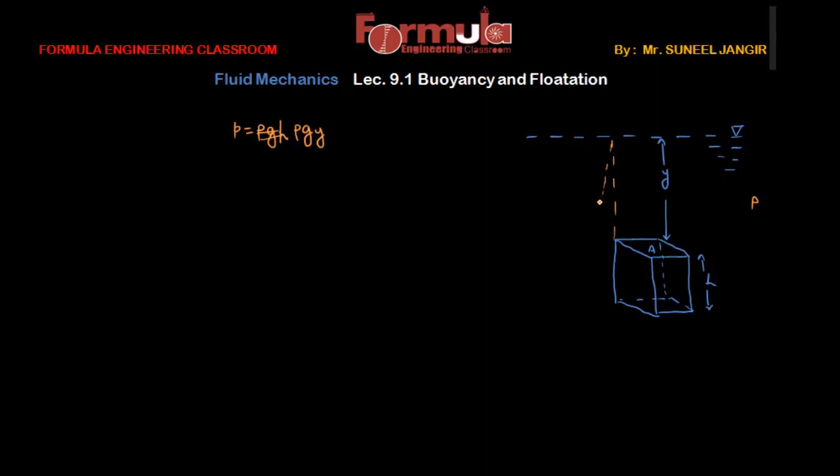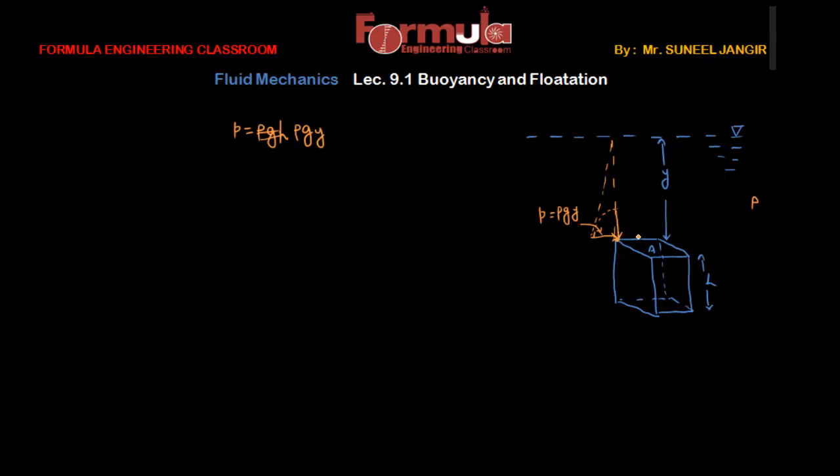So this value will be equal to what? The pressure is equal to rho g y here, according to the hydrostatic law. And according to Pascal's law, we know the pressure intensity at a point in all directions remains the same in a static fluid. So at this point, the pressure intensity will also be equal to rho g y, because this is the same point.